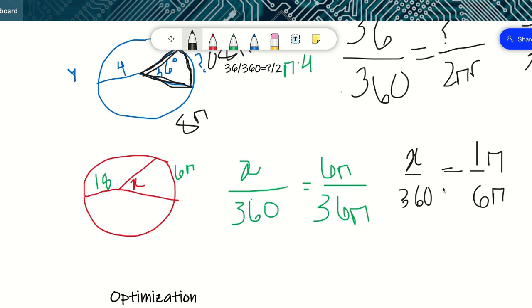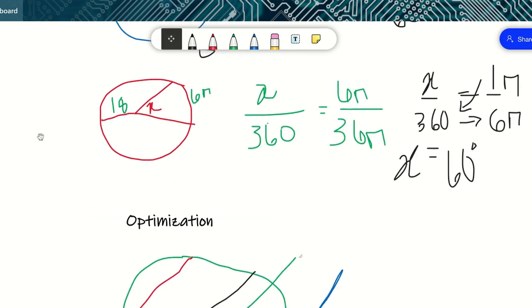So we could do 1 times 360 and then divided by 6. 1 times 360 is just 360, and 360 divided by 6 is 60. So the degree of the arc is 60 degrees.